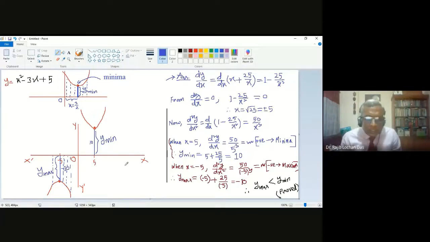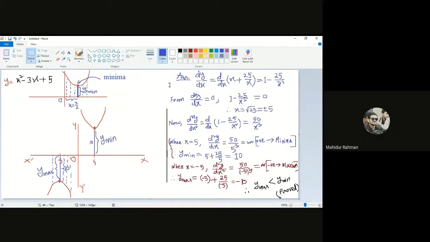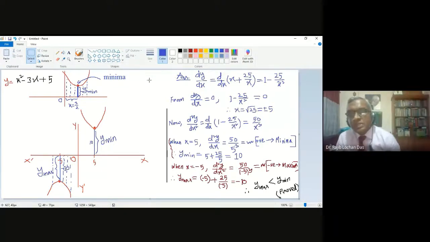Is that okay? You understand my concept? Yes, sir, the graph is clear. These are the two examples for two problems.